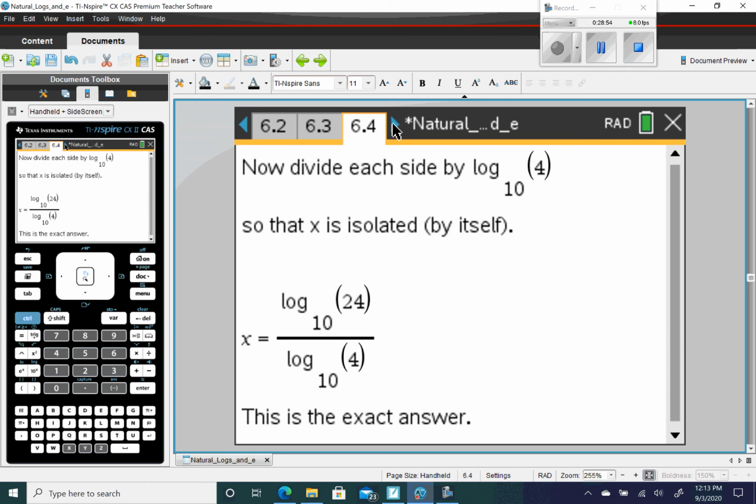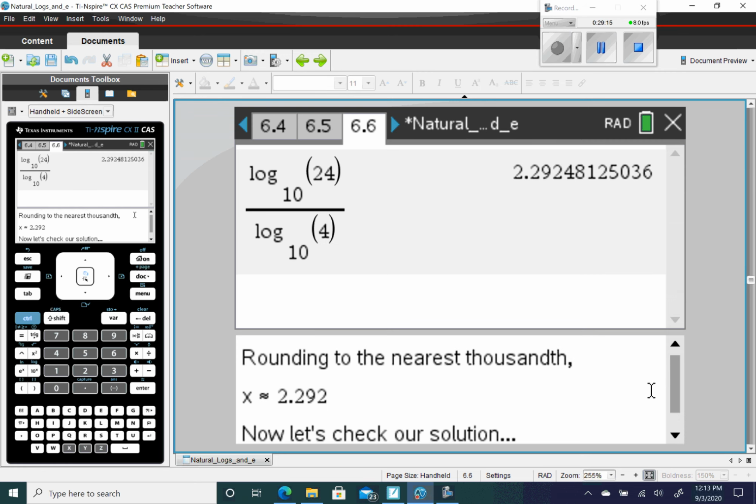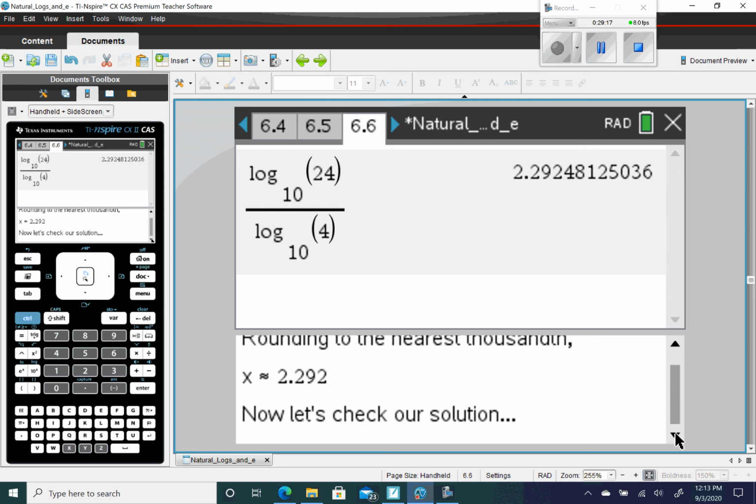A lot of times I'm going to ask you for both the exact answer and an approximate answer, so it's very important to clearly state that this is the exact answer. And then all you have to do is hit Control Divide to get to the approximate answer. We're always going to round in this class to 3 decimal places, the nearest thousandth. And we always want to check our solution.